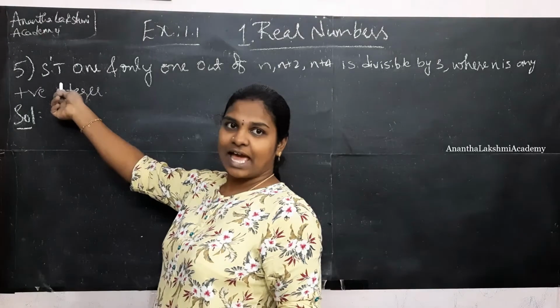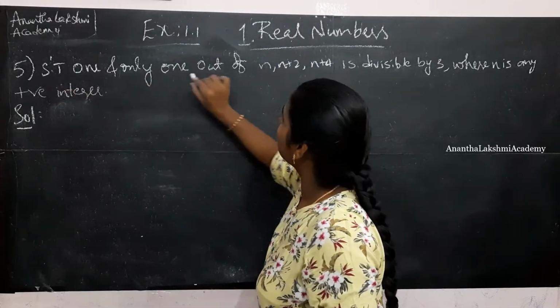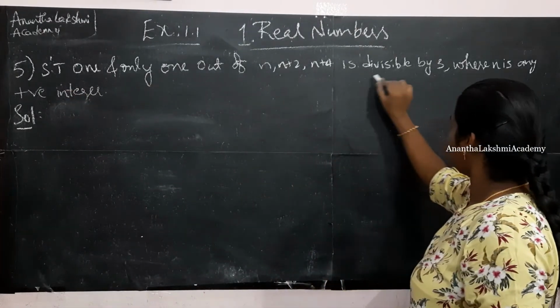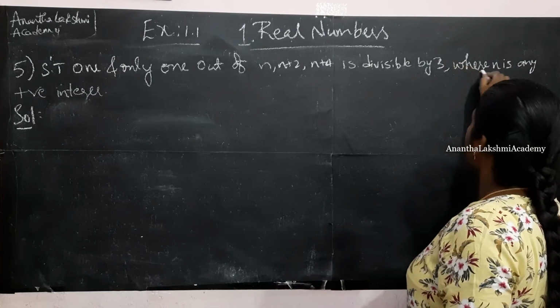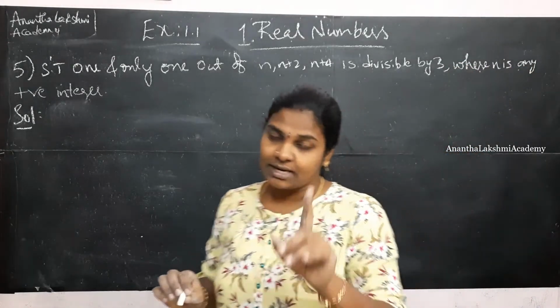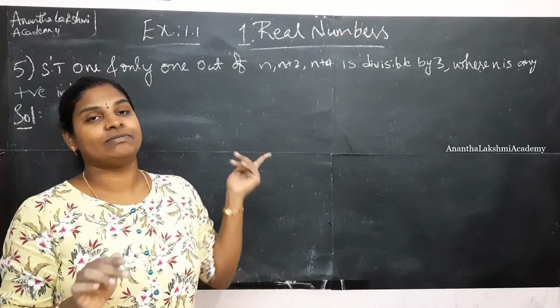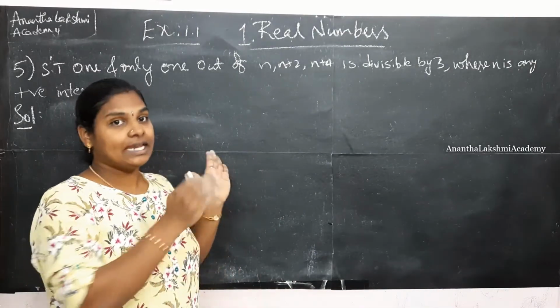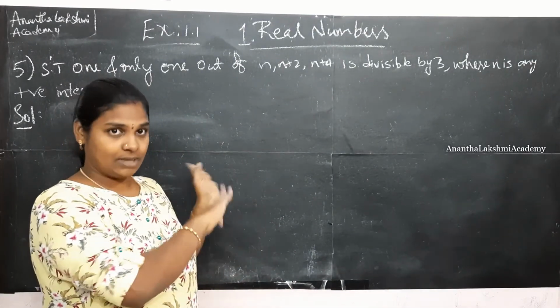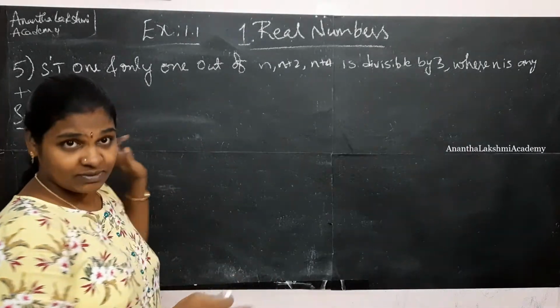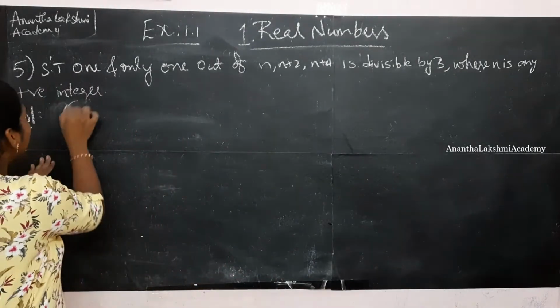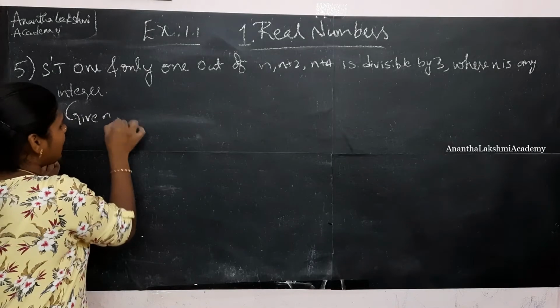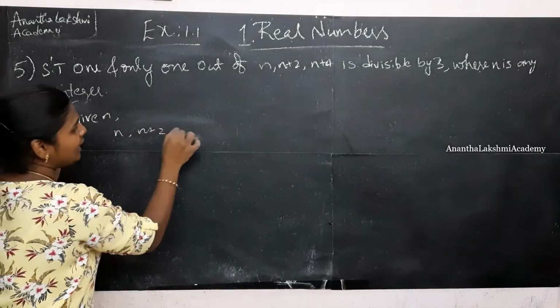So here we have problem number 5. Show that one and only one out of n, n plus 2, n plus 4 is divisible by 3, where n is any positive integer. They are saying positive integers. When we are discussing integers, any values from 1 after 0, we take them as positive integers, right? So given values are n, n plus 2 and n plus 4.